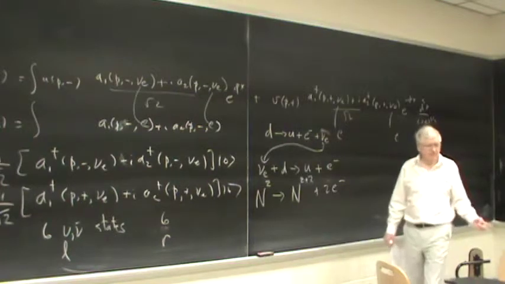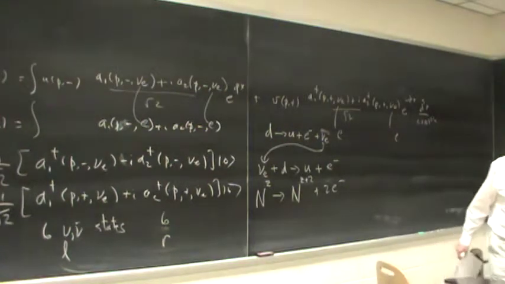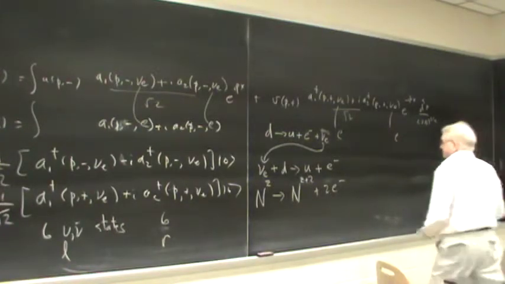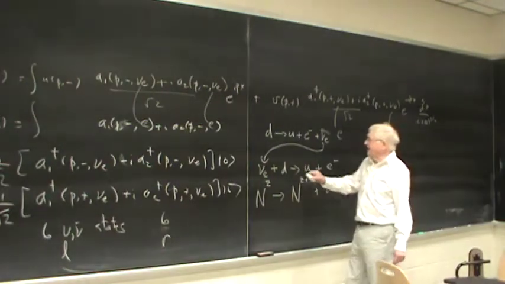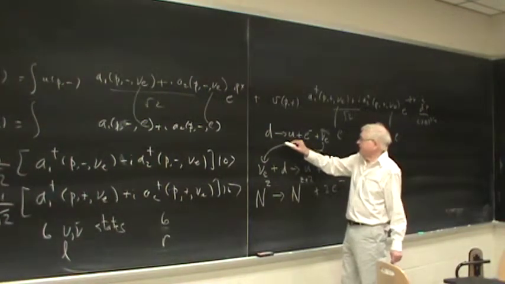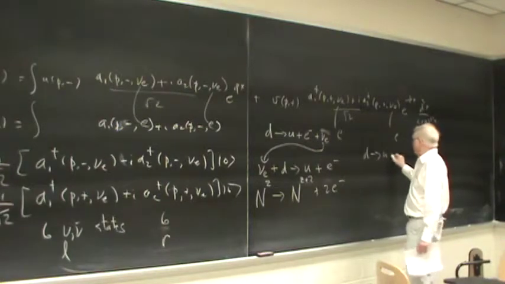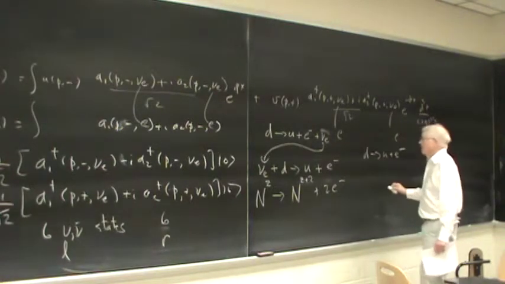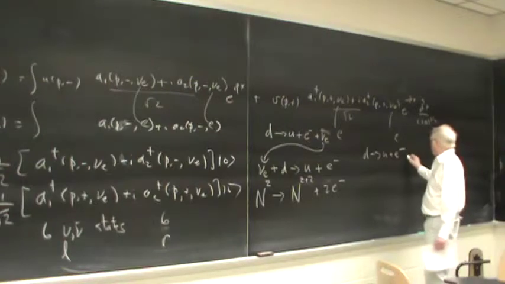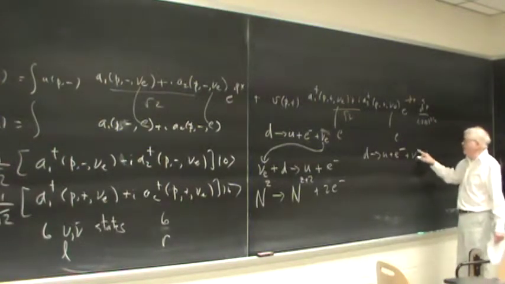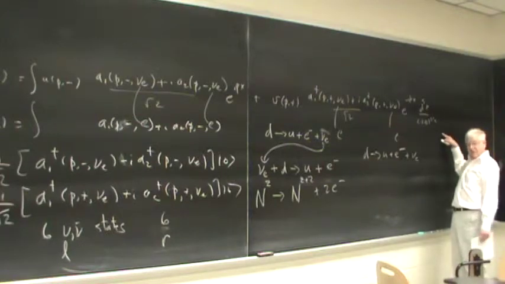Yes, this process only happens for Majorana neutrinos. And for the reasoning? Well, let me write it again. D goes to U plus E minus plus nu E, but this nu E doesn't come shooting out of the nucleus.